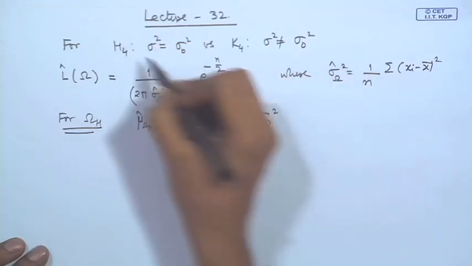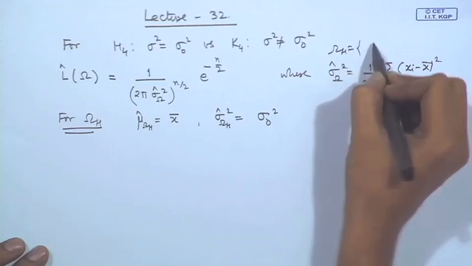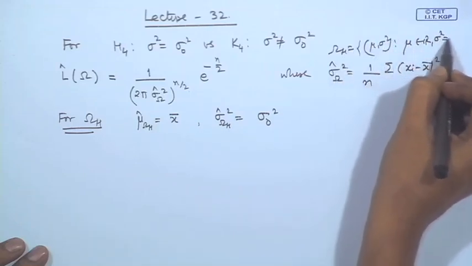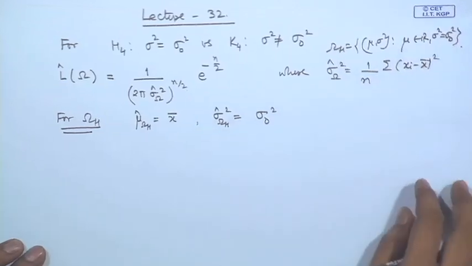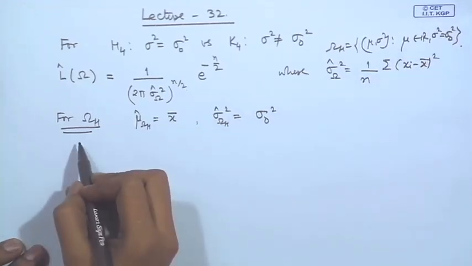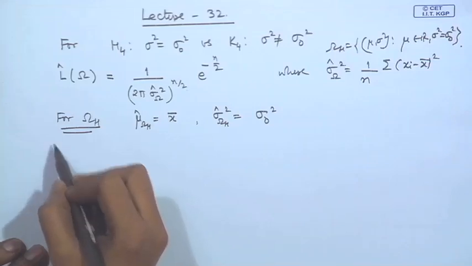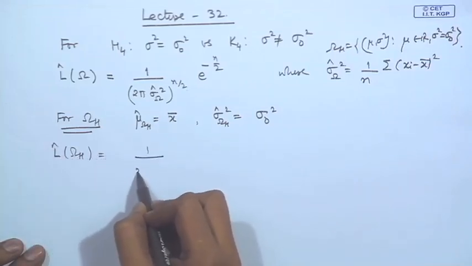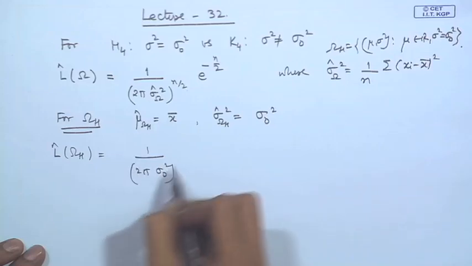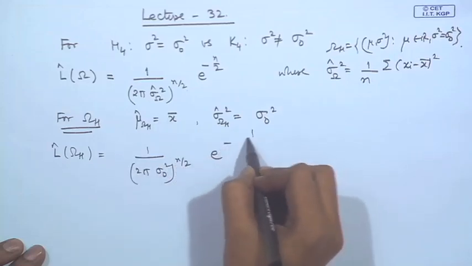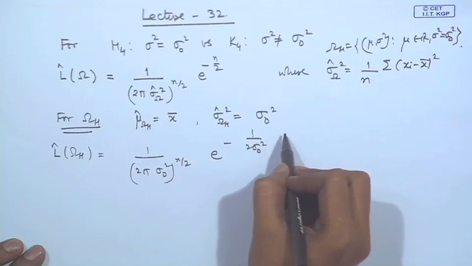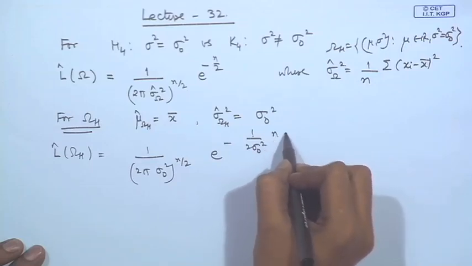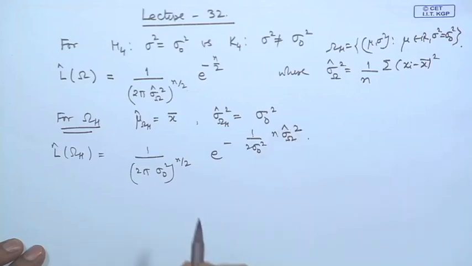Your omega H is actually mu, sigma square, where mu is real and sigma square is equal to sigma naught square here. So, L hat omega H will be equal to (1 by 2 pi sigma naught square) to the power n by 2 e to the power minus 1 by 2 sigma naught square and n sigma omega hat square.